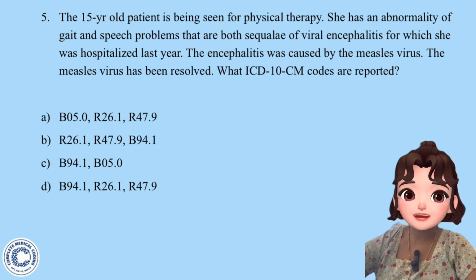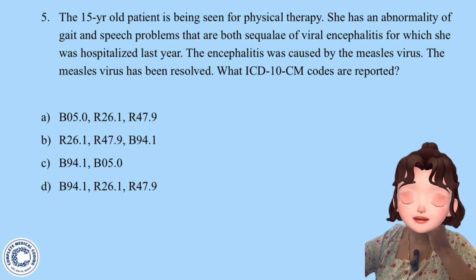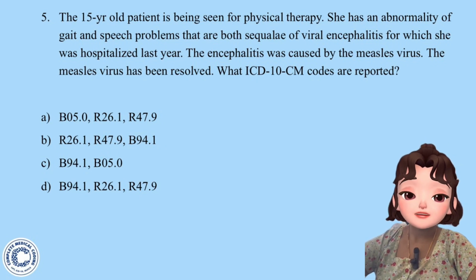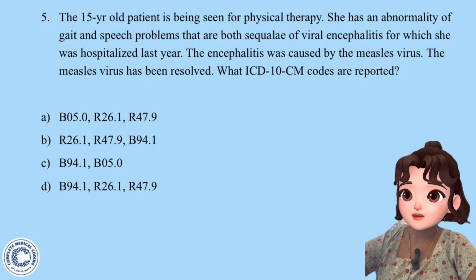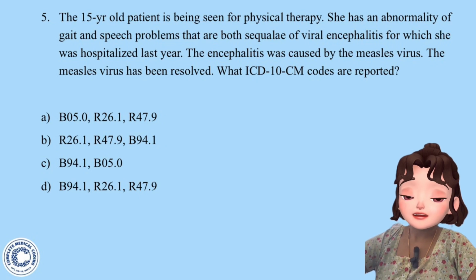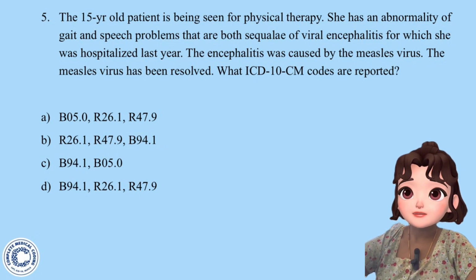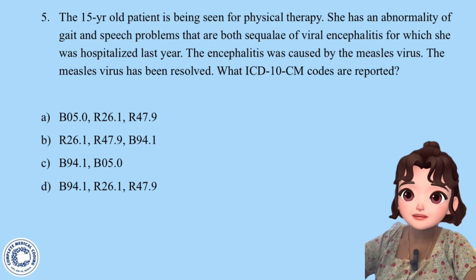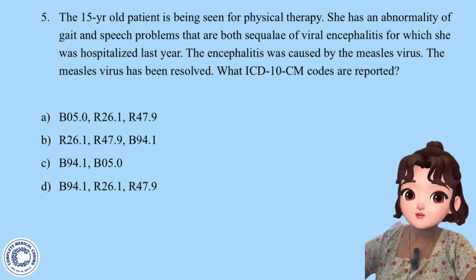You cannot say history of viral encephalitis, because of that only the patient is right now coming for physical therapy for gait and speech problem. So you have to code the last code as sequelae of viral encephalitis. That will be B94.1. So that also you need to code.